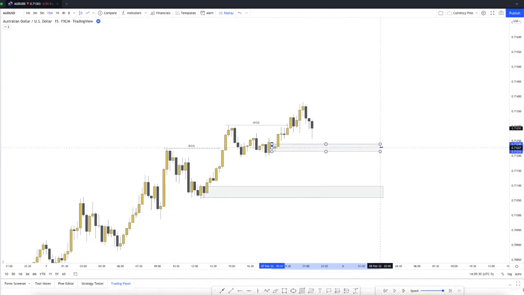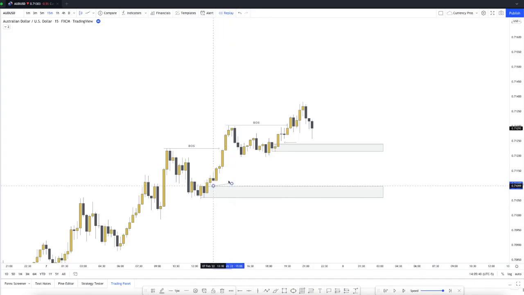So let's go ahead and do that. So we have 2 points of interest. Also would like to mention this candle did create imbalance here, and this candle did create imbalance here. So we have 2 highly probable points of interest, but are they both really highly probable?